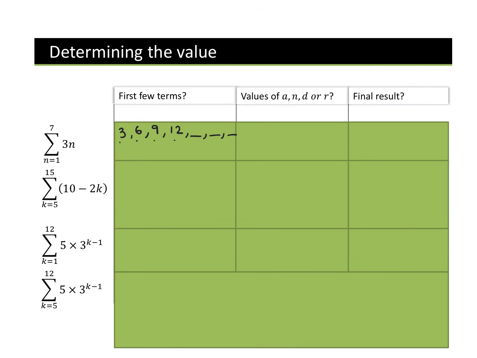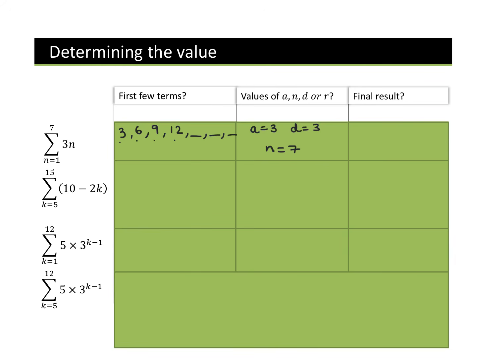So now, we need to figure out, is this geometric or is it arithmetic? Now we can clearly see this is arithmetic. Our first value is 3, and our difference is 3. And our n, how many terms in this sequence? 7.